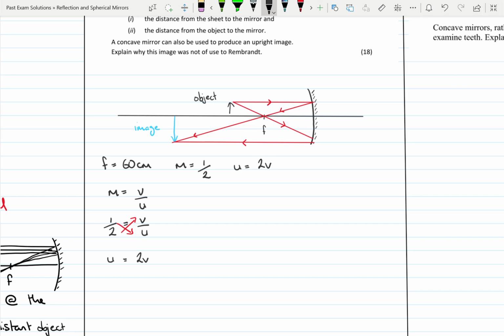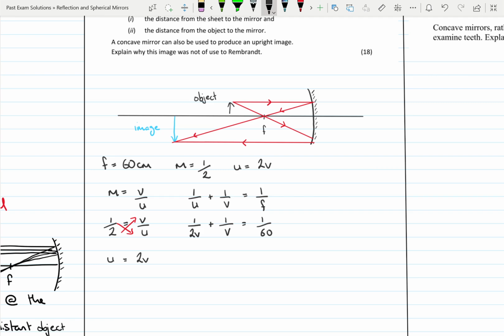Okay, next formula that we're going to write out. 1 over u plus 1 over v is equal to 1 over f. And we're going to start subbing in all the information that we've got here. We know that u is equal to 2 times v, plus 1 over v. We don't know what v is. And we know that our focal length is 60 centimeters.